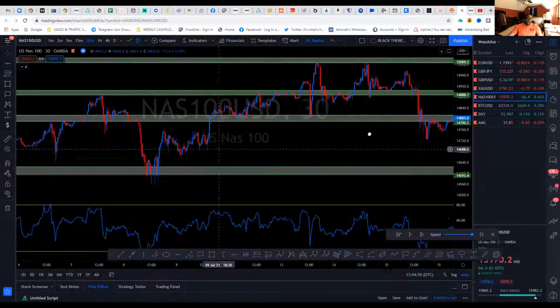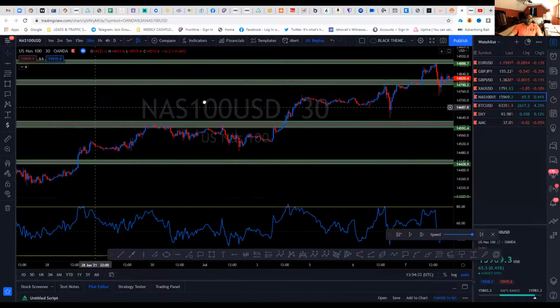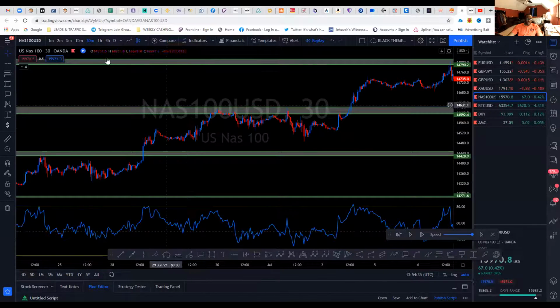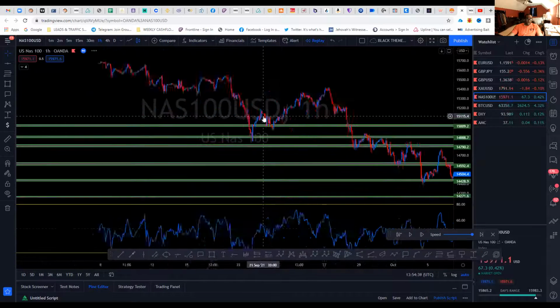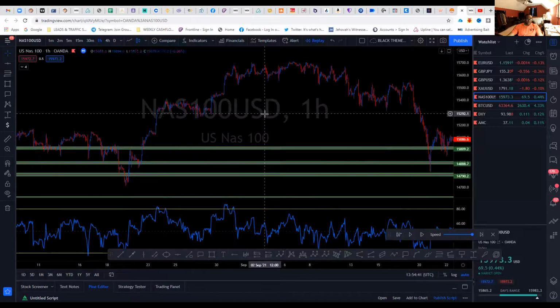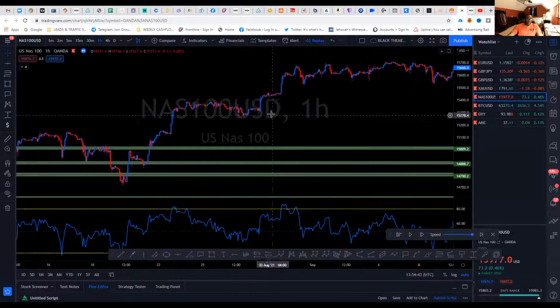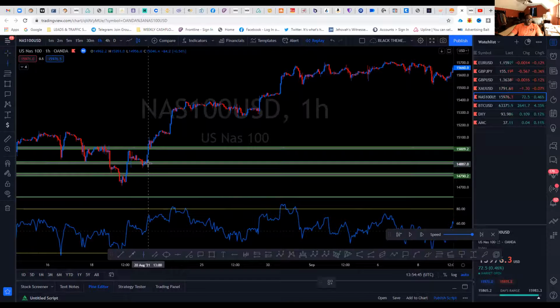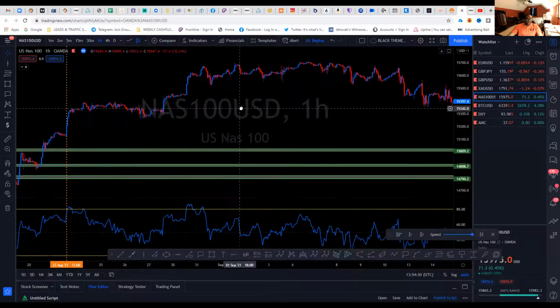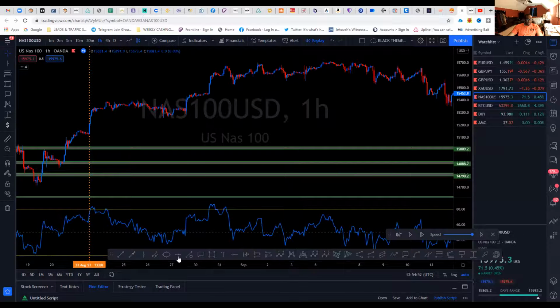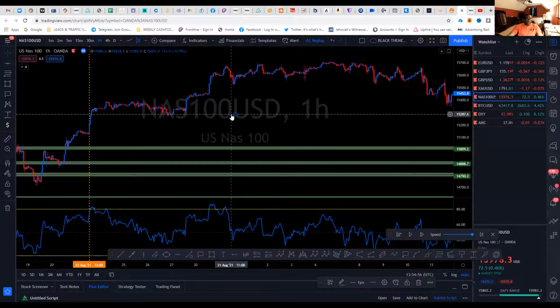All right, so we did the 30-minute, so we're going to go on to the 1 hour. So now we're going to mark up the 1 hour. So let me get my vertical line started right here. And so now I'm going to make this red.